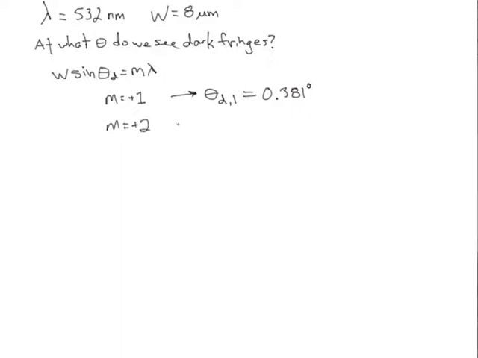For the second dark fringe, we plug in m is plus 2, and we get 0.762 degrees.